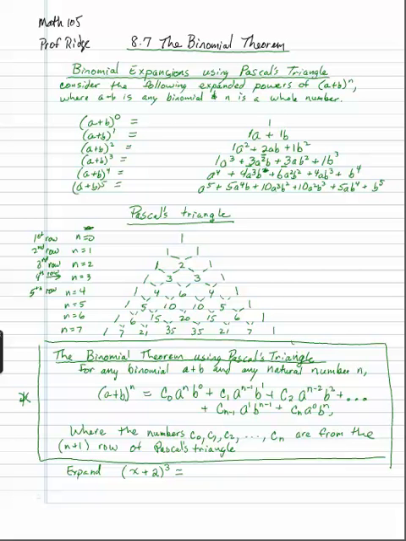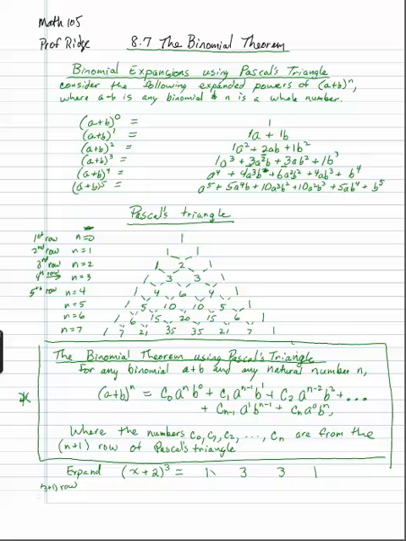So the idea is we're going to look at the n + 1 row, so 3 + 1, the fourth row, which is 1, 3, 3, 1.